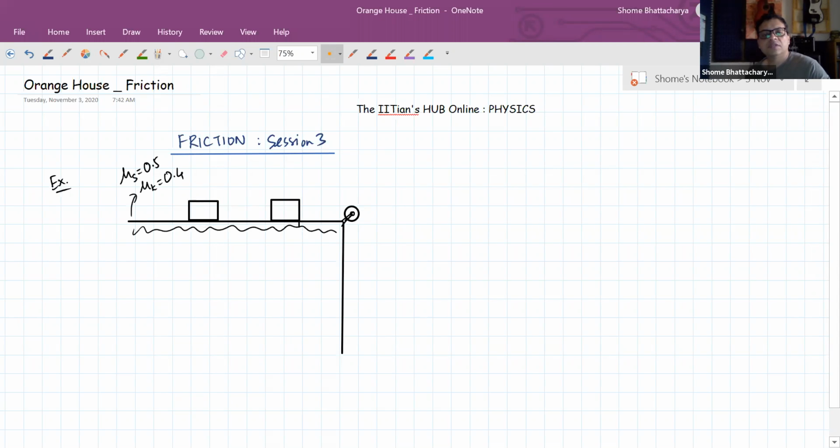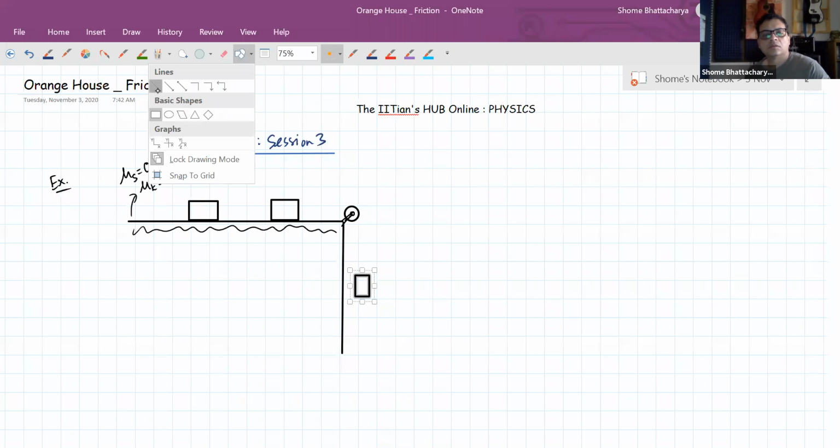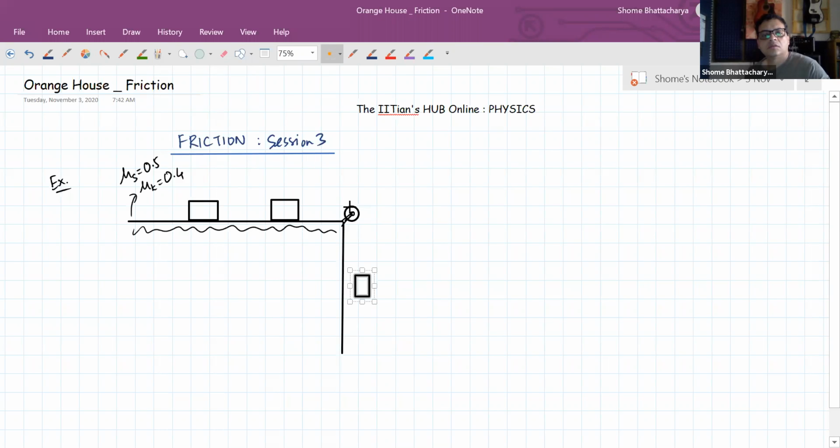And the difference is this time we have a couple of blocks attached like this, and a light or massless thread going around the pulley like this, and another one connecting the two blocks.